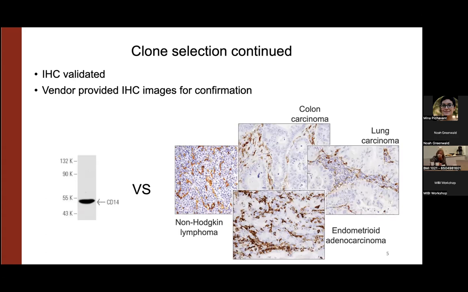So you want some evidence to show that this antibody is working really well in IHC. If you see a vendor claiming this is an IHC clone, but they show you a Western blot image, that's probably not a great cue that this antibody works for IHC. But if another vendor is showing a variety of IHC images across different tissues, then you probably have more confidence going in that this antibody is going to work with your IHC.